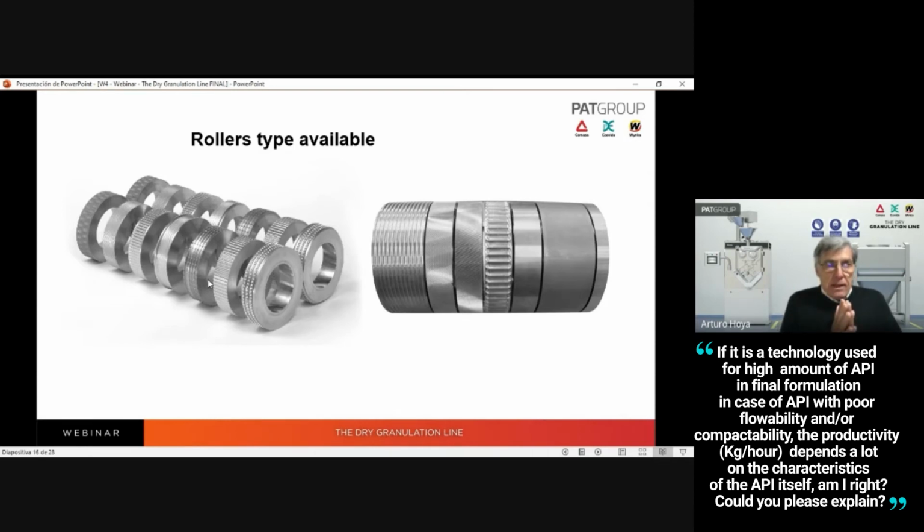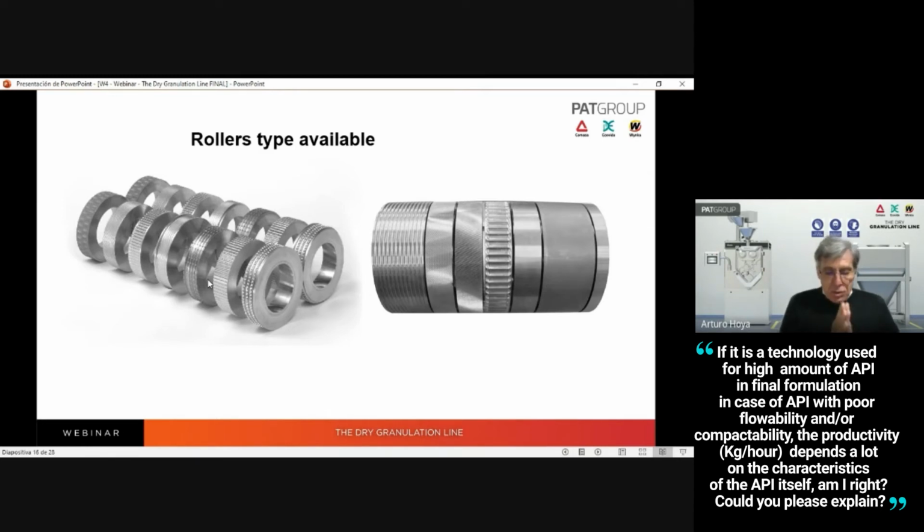Let me say this. When the API is in high proportion and has low compactability, and the main mechanism of deformation is plastic deformation, probably the dry granulation performance will not be good.